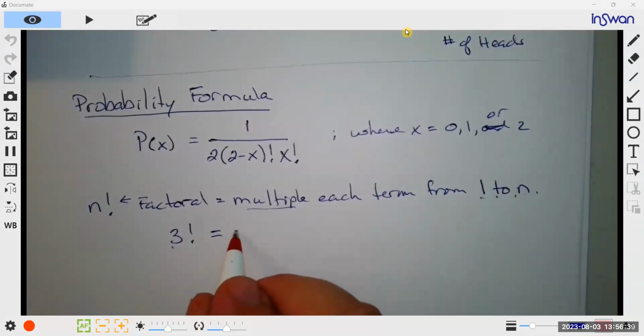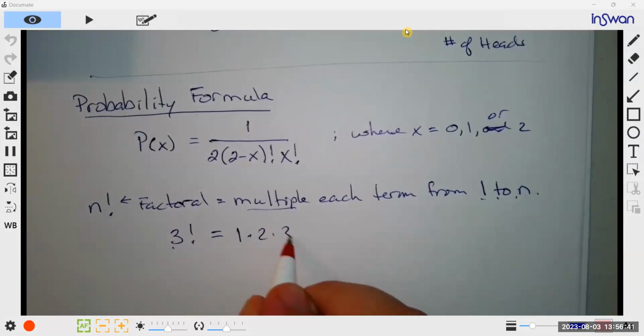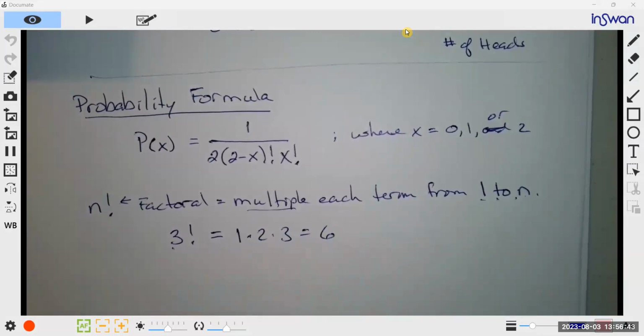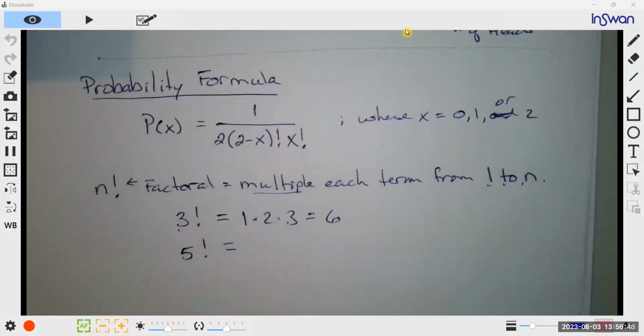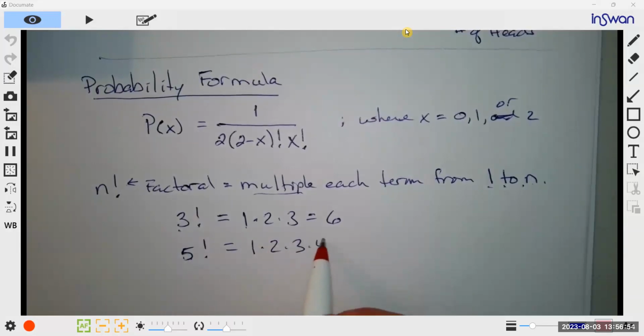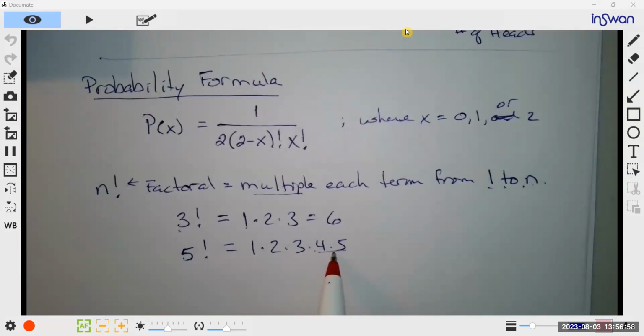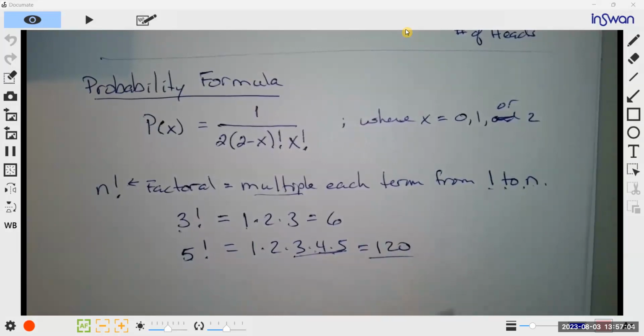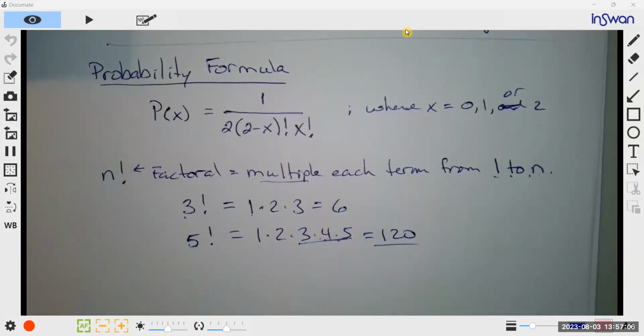So that's my n. So it's 1 times 2 times 3, which is 6. 5 factorial starts at 1 and goes all the way to 5. 5 times 4 is 20. 20 times 3 is 60. 60 times 2 is 120. So that's what a factorial is.